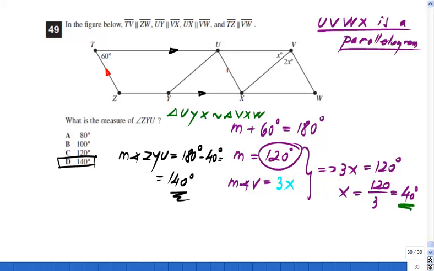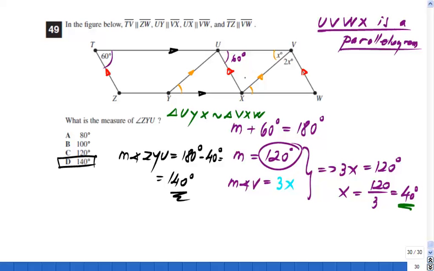And everything else is parallel, for the reasons we stated before, right? That one is parallel to that one, which makes that one congruent to this one, congruent to that one, right? This one here makes this one 60.